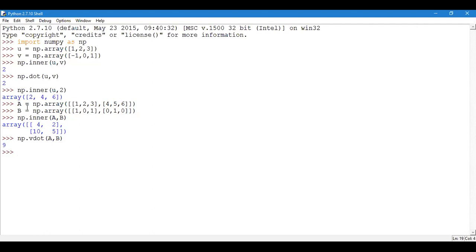Now if you want to find the vector cross product, then let us take another example. Vector cross product, finding out, np.array. I'm taking a small, single one-dimensional array, and consider another array.